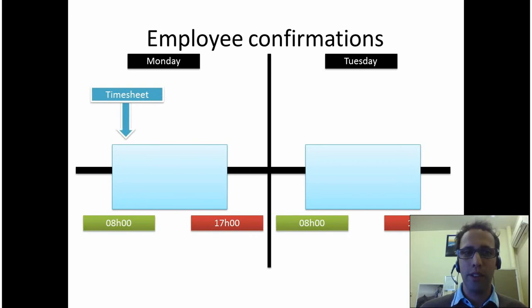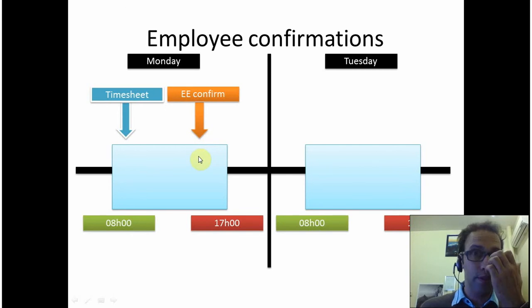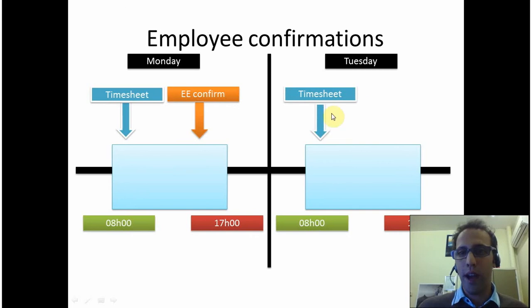Your daily timesheet for the previous day will arrive in the morning, let's say around 9 o'clock, or whenever you have requested it. And that will be for the previous day. You'll get your employee confirmations reports in the afternoon towards the end of the day, let's say around 2 o'clock or 3 o'clock. Then on Tuesday, you'll get the timesheet that was generated for Monday's hours. That's when you get that and you make those approvals.